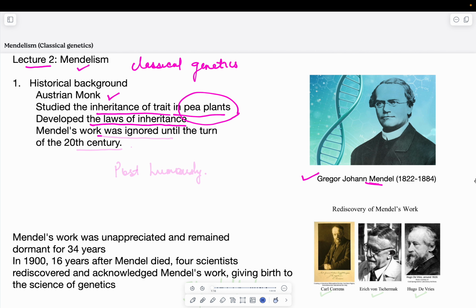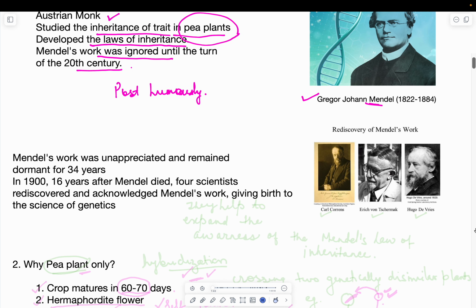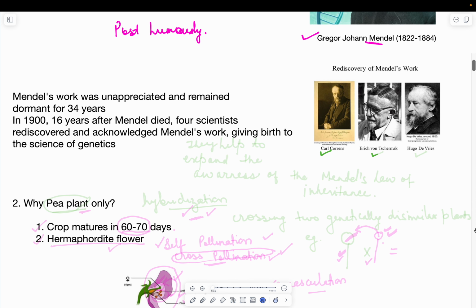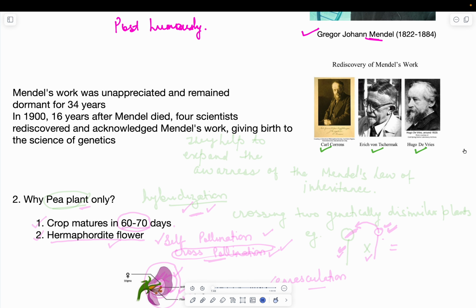His work was ignored until the turn of the 20th century. So Gregor John Mendel got famous, or his work got acknowledged, posthumously. Posthumously means after death. His work was acknowledged by 3 scientists. Mendel's work was rediscovered by Carl Correns, Chechmark and Hugo de Vries.